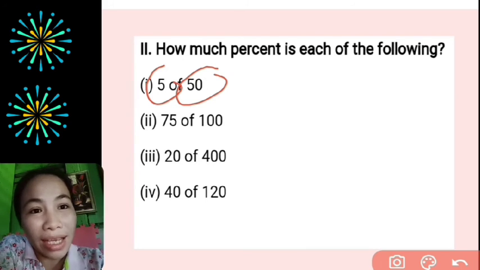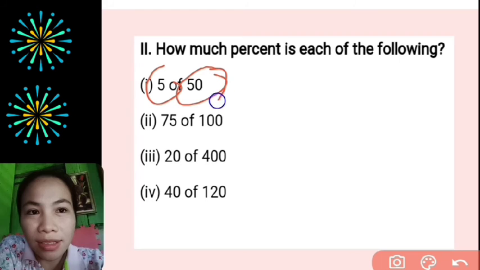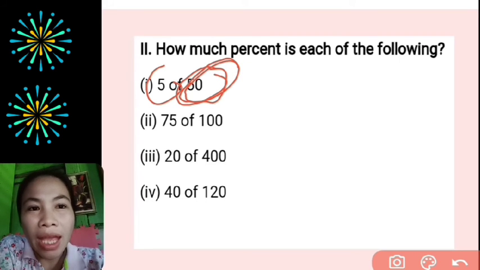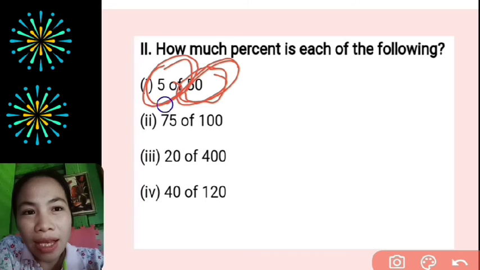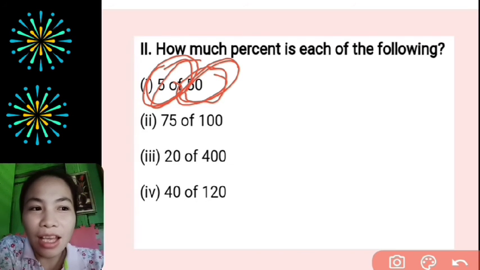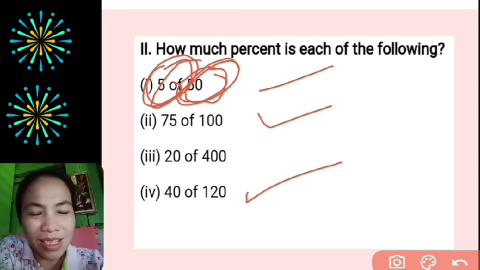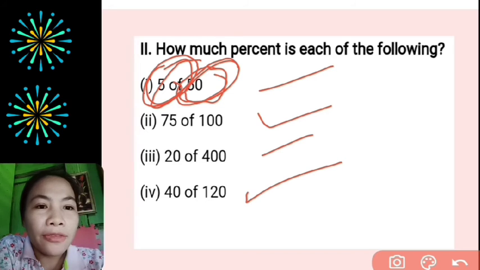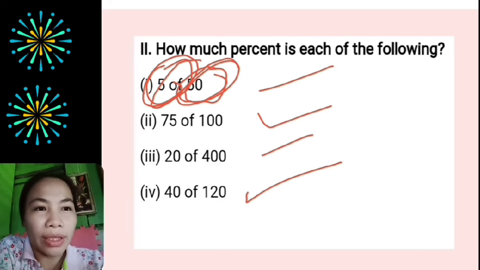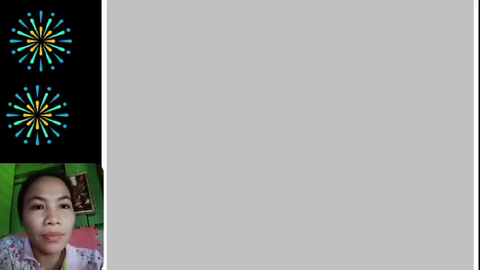Okay, if the ball pen you wanted to buy is 50 Philippine pesos, and they said they have less 5 pesos, how much percent is that? We pick a little of the questions, this one and this one, and the others you can solve in your own practice. So 5 of 50 and 40 of 120. Let's try to solve that one.